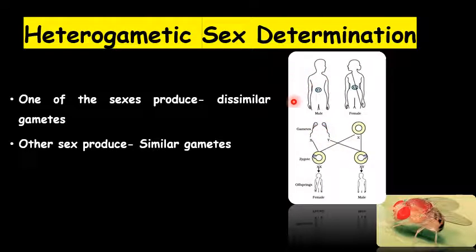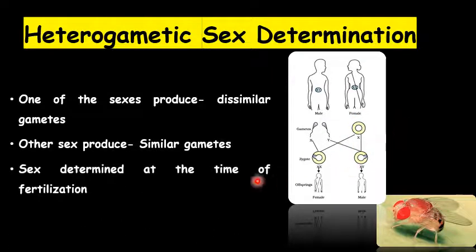So we can call humans heterogametic males, while the female always produces an X chromosome in all their eggs. Likewise, Drosophila also come into the same category, where males produce heterogametic gametes, while females produce homogametic gametes.